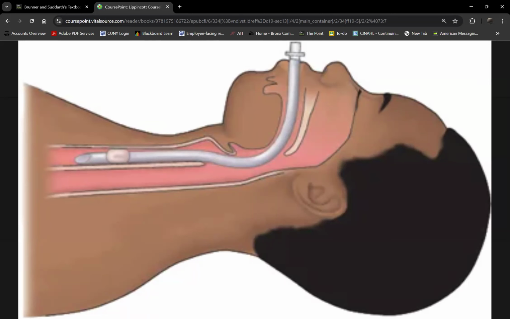Okay. So once the tube is in there, as you can see, it is connected to either a bag or the mechanical ventilator. When the breath is pushed into the patient's lungs, of course, the lungs will put up resistance, correct? There are two organs that put up resistance, the two lungs and, of course, the diaphragm, the breathing muscle.